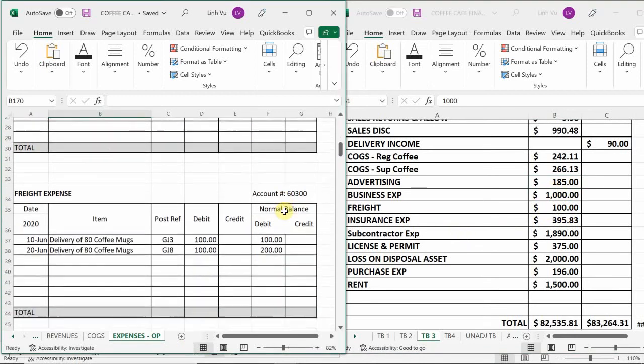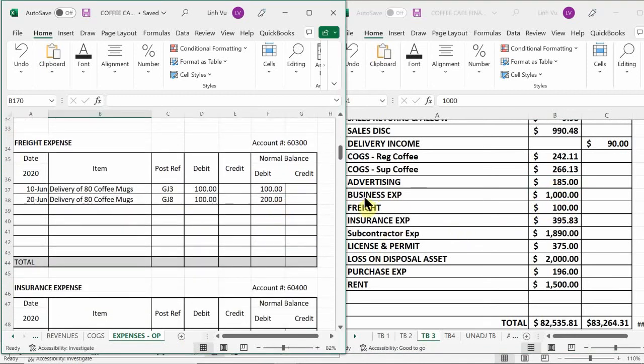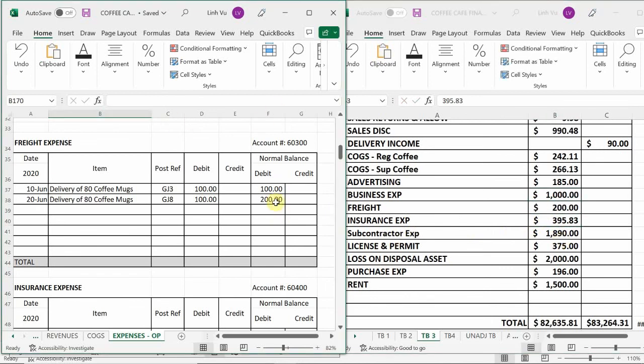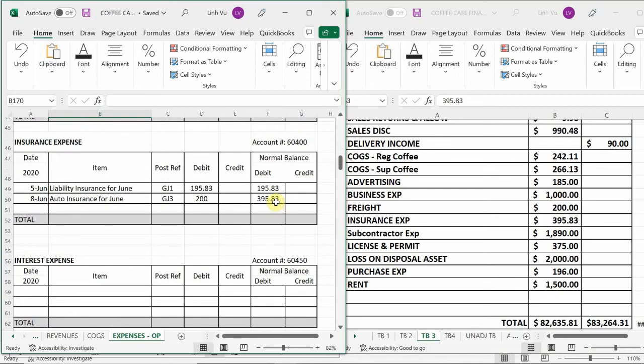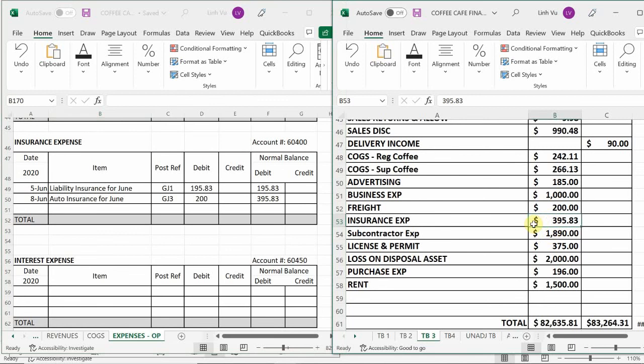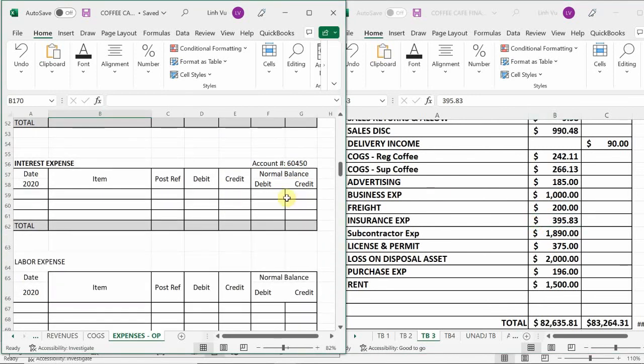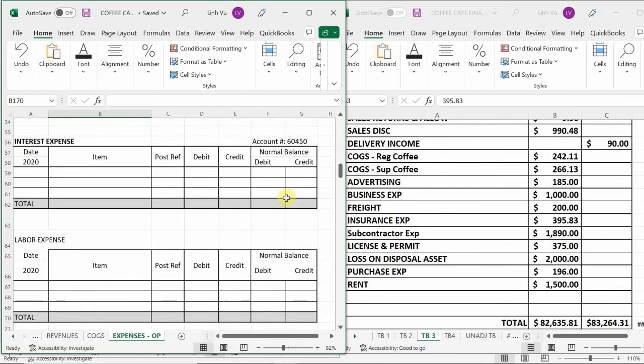Still at 1,000. Okay. What about freight? 200. So freight has increased to 200. Okay. Next one, insurance expense. Still the same, still at 395.83. Okay. Next is interest expense.